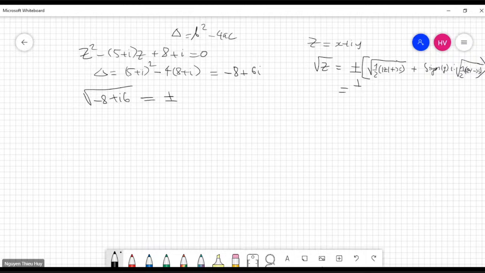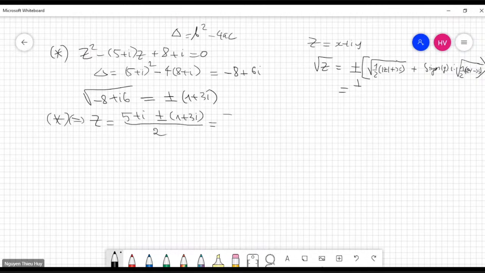This has two opposite values, so I can write plus or minus. This is the square root of a complex number, 1 plus 3i. And then this quadratic equation is equivalent to the following roots: z equal 5 plus i, plus or minus 1 plus 3i, over 2.